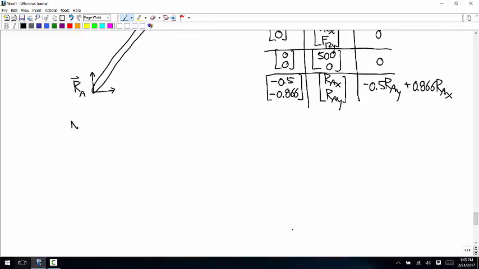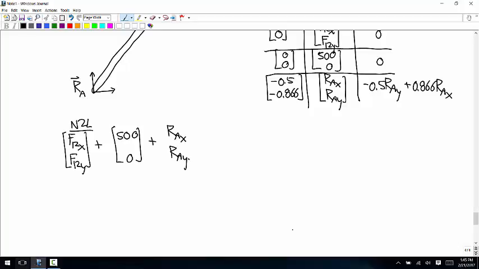So Newton's second law says F12x, F12y plus 500, 0 plus RAX, RAY is equal to zeros.